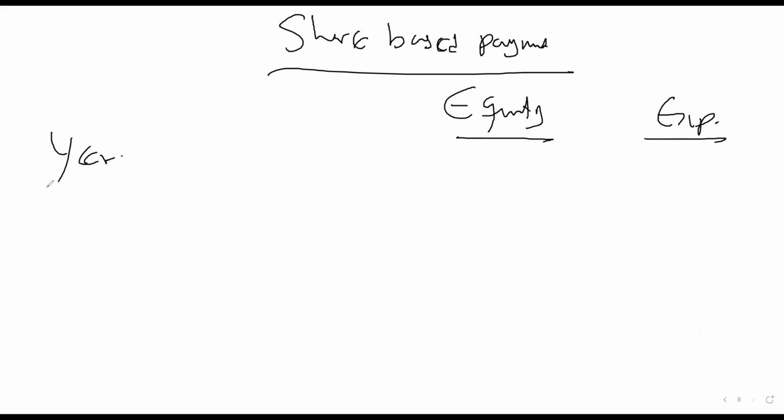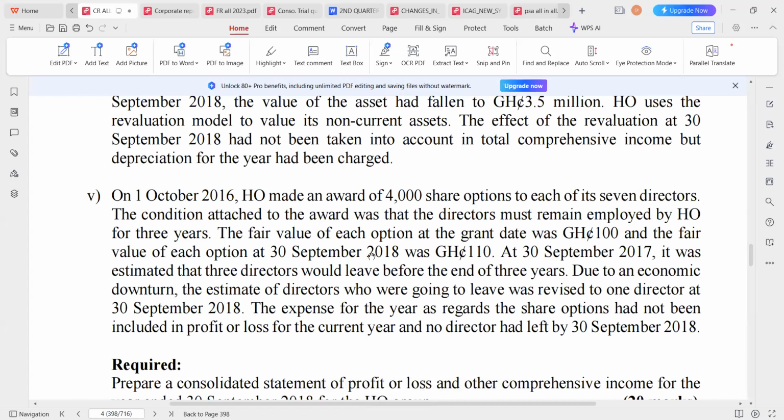Look for the number of directors who are likely to vest, who are likely to stay up to the end of the vesting date. So they say 4,000 share options to each of its 7 directors. Directors are 7.